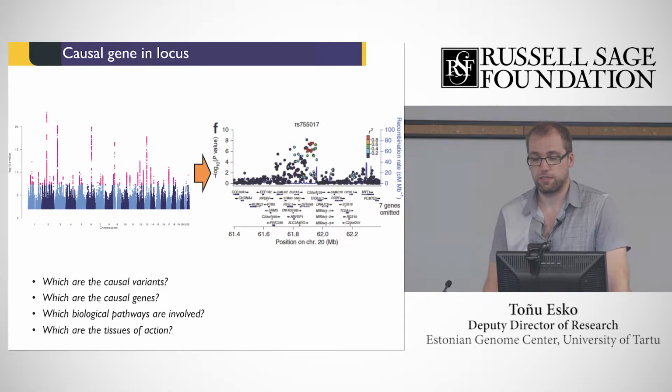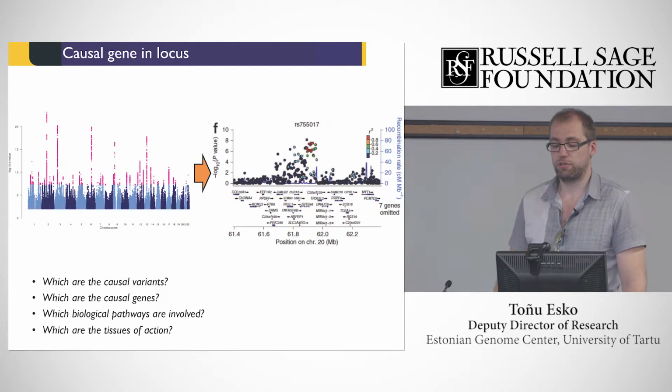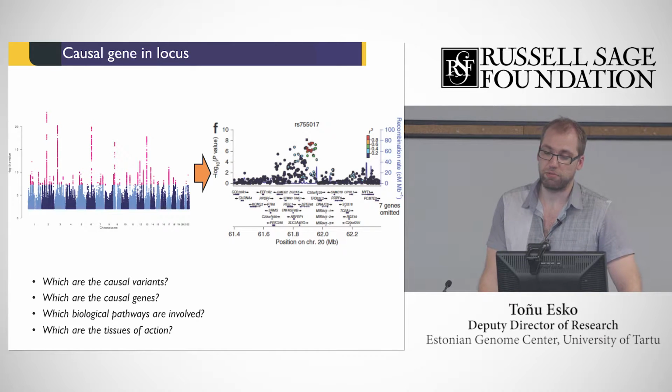And as you remember, or as I explained, how the genotyping arrays were constructed, it can be that in this wide window, which is roughly 1 megabase, there are maybe only a couple of tens of SNPs that are directly genotyped, and everything else is just imputed or predicted based on the reference genomes.